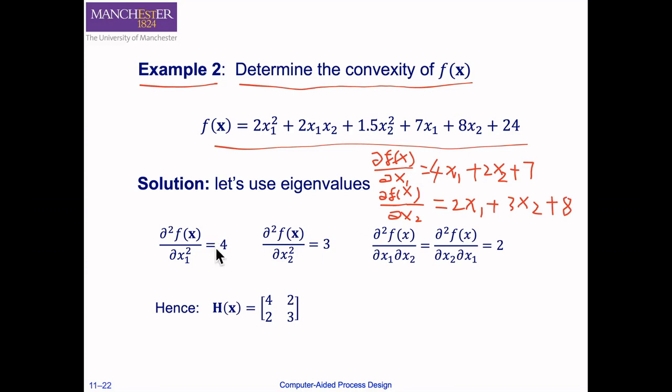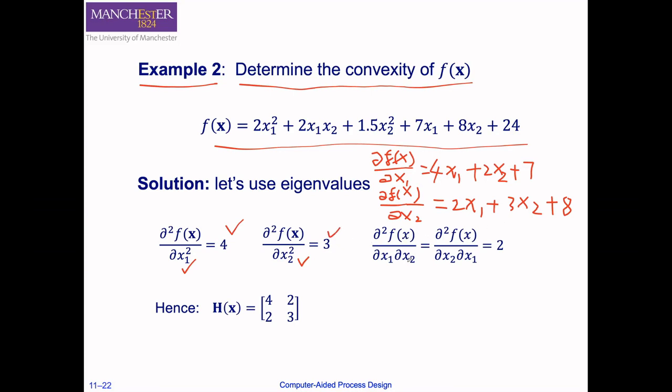Now we can calculate the second partial derivative of f(x) with respect to x1, that should be 4. And the second partial derivative with respect to x2 is equal to 3.